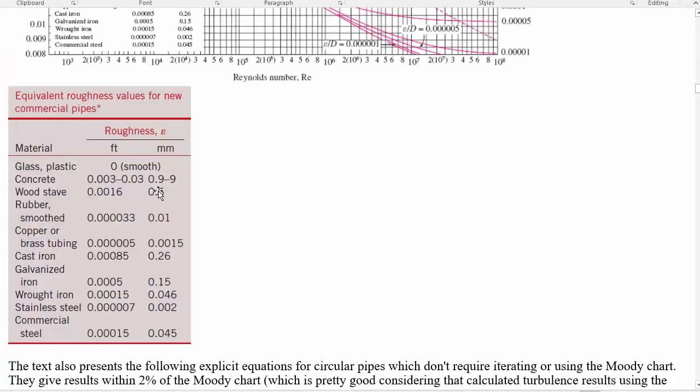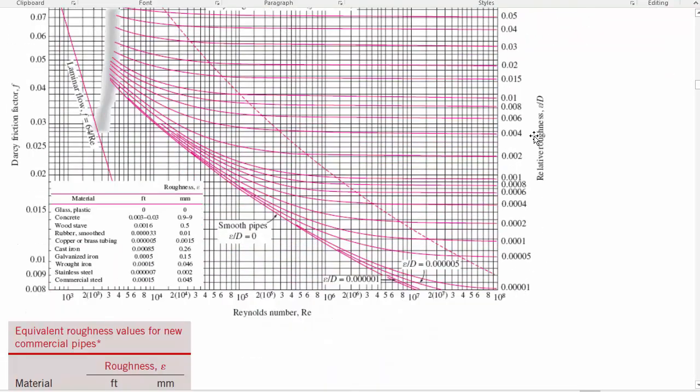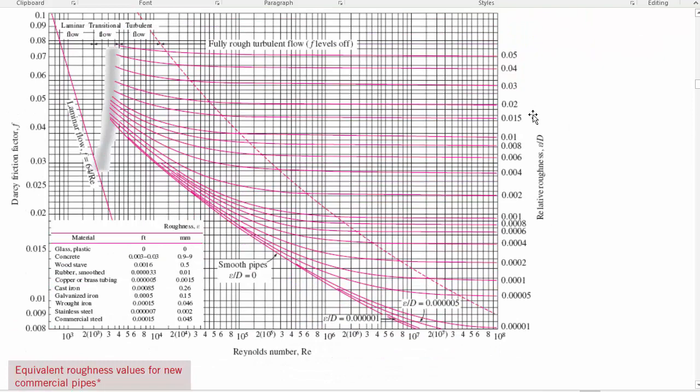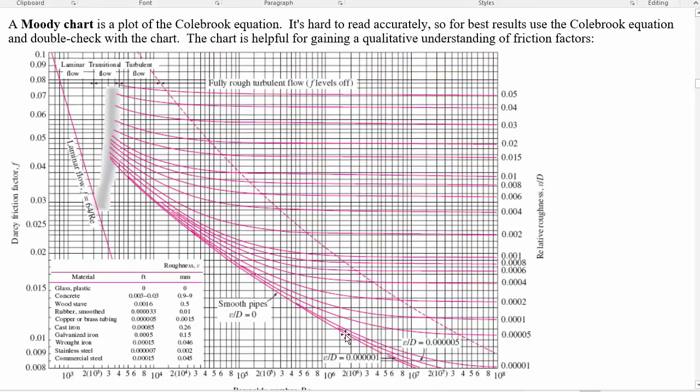So commercial steel has a roughness of 0.045 millimeters. And so really we'd need the relative roughness to know how that compares to the diameter. If we guess the diameter is going to be something like 1 meter, then 0.045 millimeters is an extremely low epsilon over d. So maybe we're looking at a friction factor on the order of 0.01.